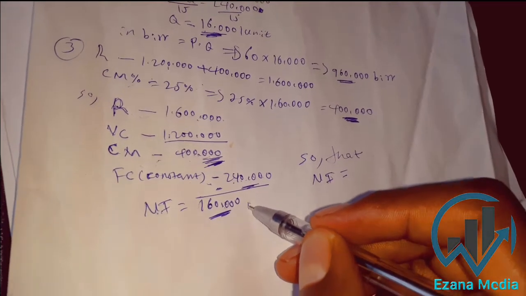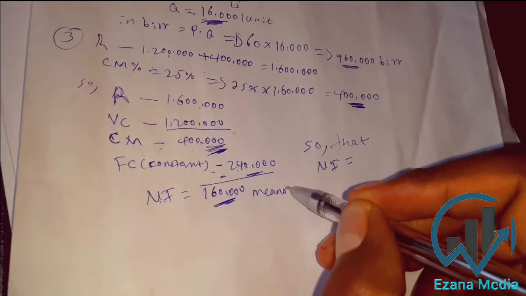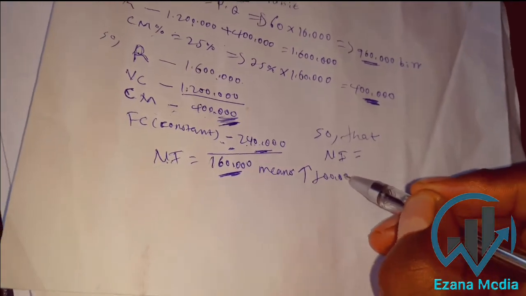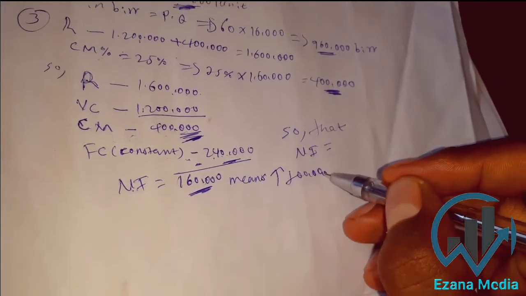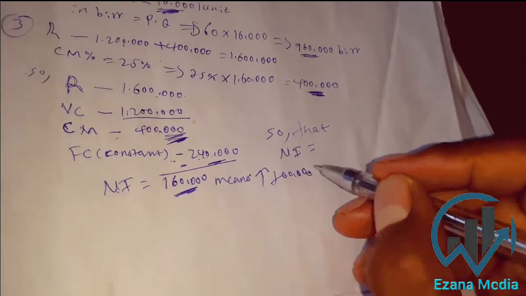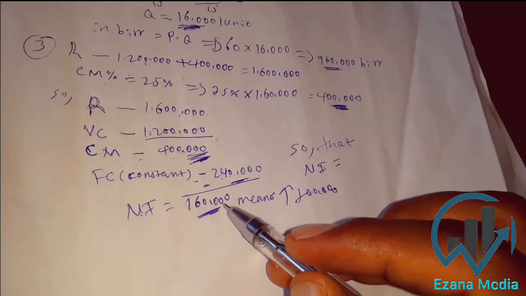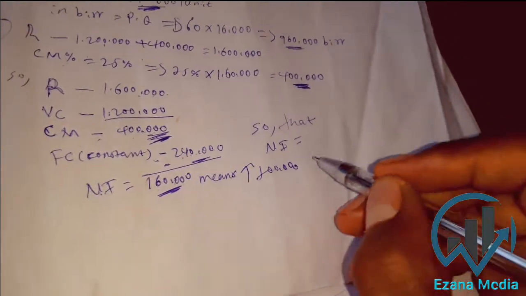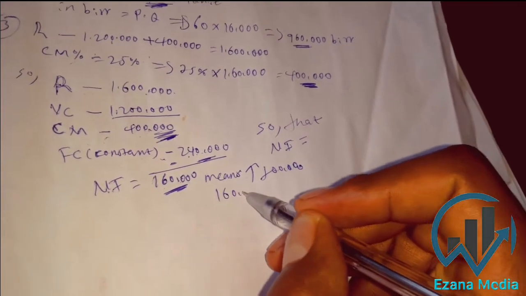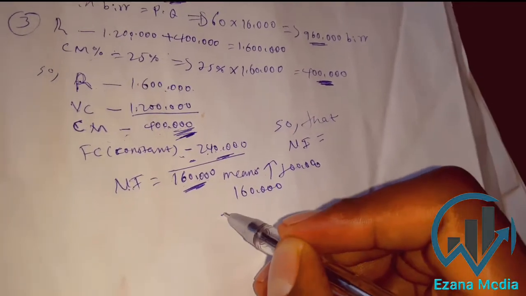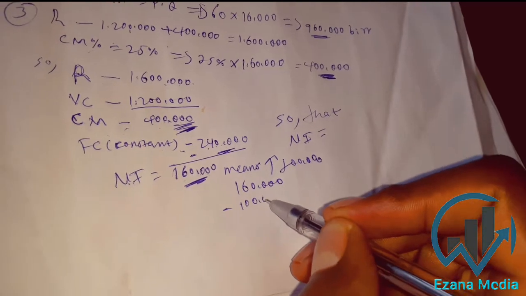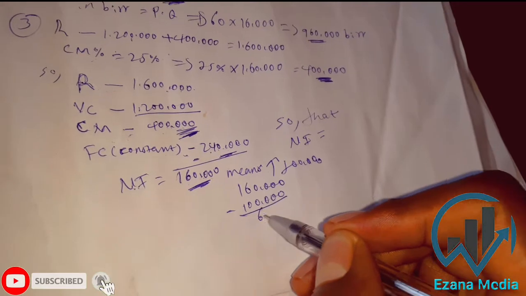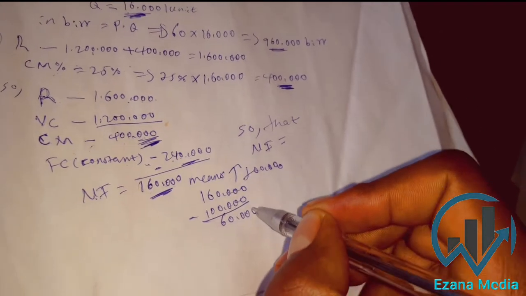That means sales increased by 100,000. You can get 160,000 minus 100,000, which is equal to 60,000.